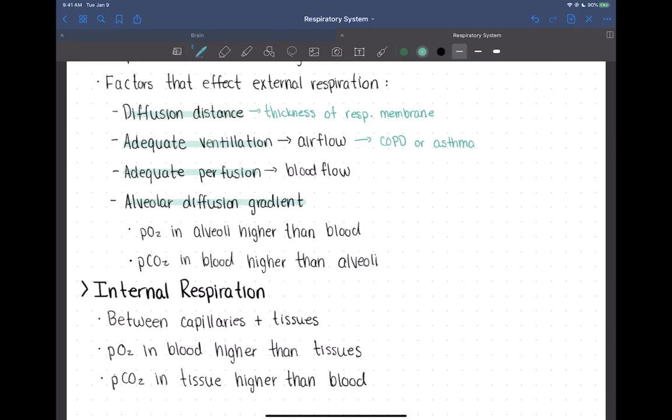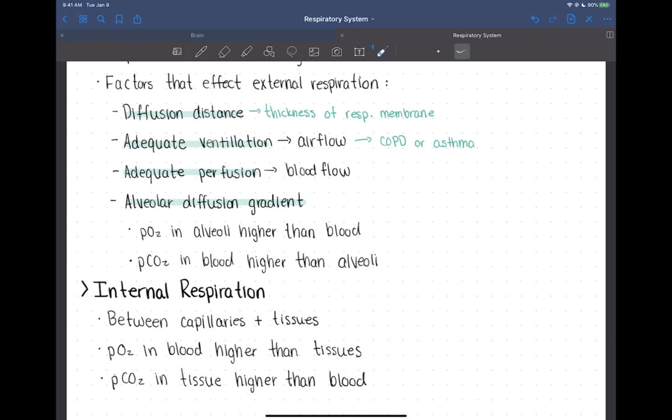And finally, the alveolar diffusion gradient. We need a diffusion gradient, and this means that gases are going to move, like we've said before, from high to low pressure. So in order for oxygen to move from your alveoli into the blood, the partial pressure of oxygen in the alveoli has to be higher than in the blood, so there is a pressure gradient to move down.